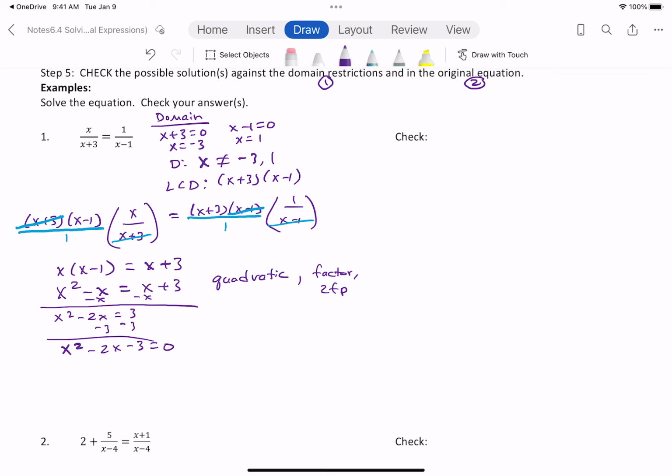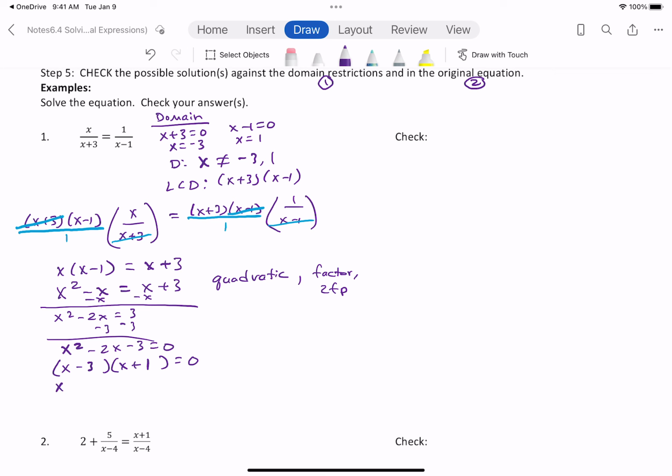So now that I'm equal to 0, I can factor and use the zero factor property. So we have a trinomial with a equal to 1. So this one is going to factor into x minus 3 times x plus 1.